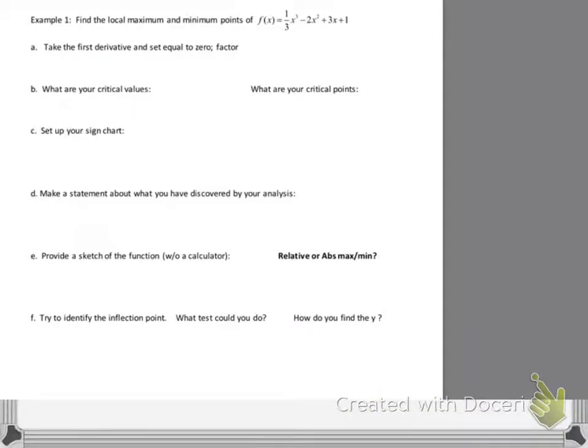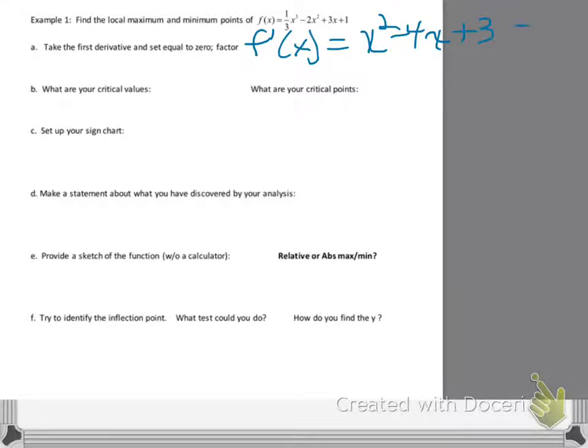The first thing they want us to do is to find the local max and min points of this function. My function is a cubic. So it says take the first derivative and set it equal to 0. Doing that, I get f prime of x equals x squared minus 4x plus 3.